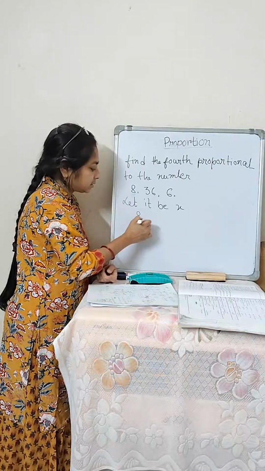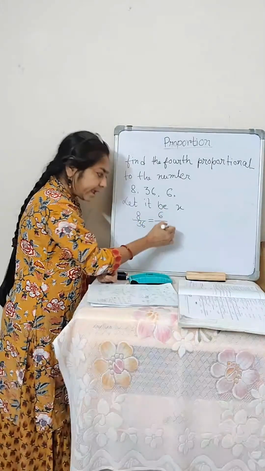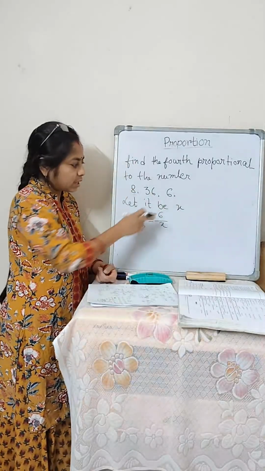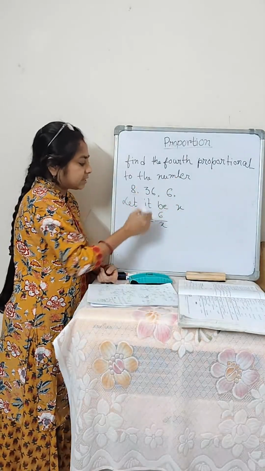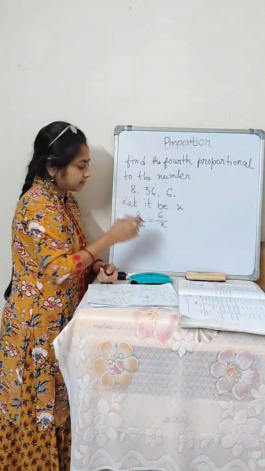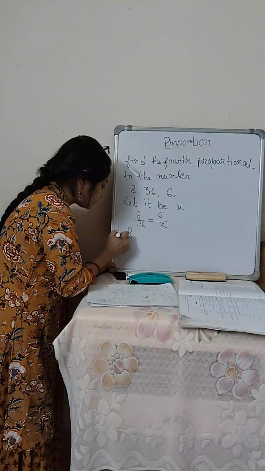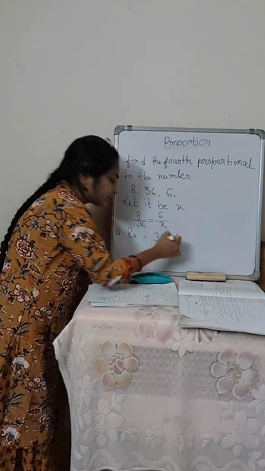8 by 36 is equal to 6 by x, because the fourth one is missing. So the fourth one is x. So 8 by 36 is equal to 6 by x. Now cross multiplication, like the normal one: 8x is equal to 36 into 6. Clear?